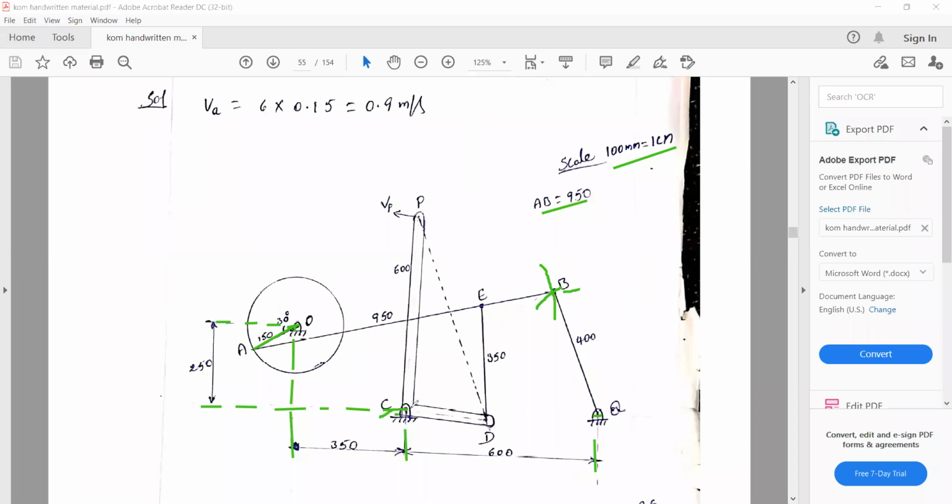Now we have to draw the 600 mm line with a small inclination, maybe 100 degrees, just an assumption. Once we identify this line, we simply draw the AB line.